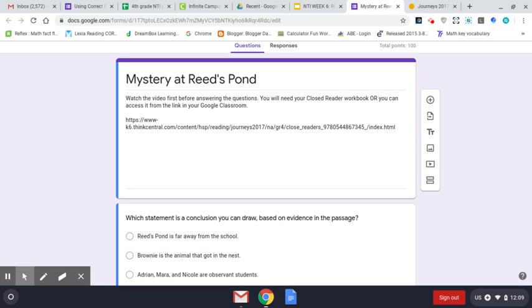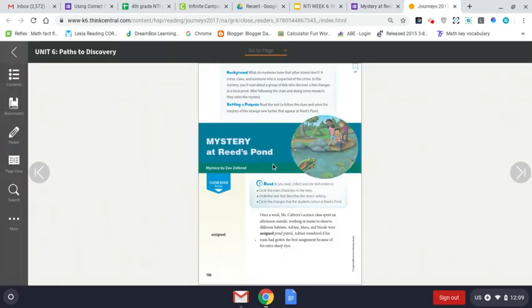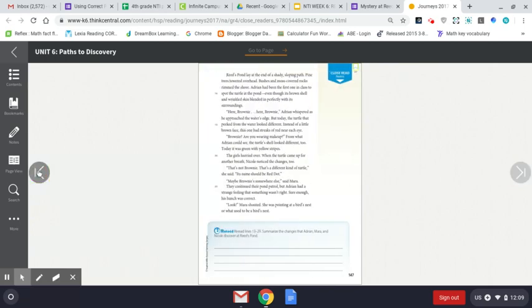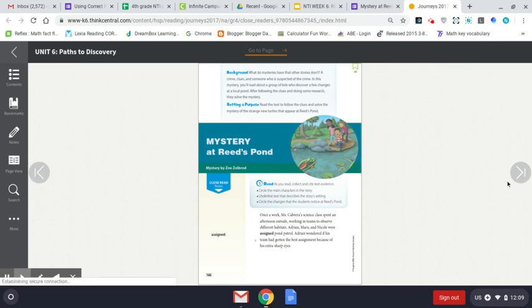Okay, there's no reason why you shouldn't. You're getting basically a cheat sheet to help you with this. So you want to take your close reader either in front of you if you've got your book, or pull up this link here on the side so that you can look at it as you go through to help you answer the questions. Okay, that's not cheating, that's being resourceful.